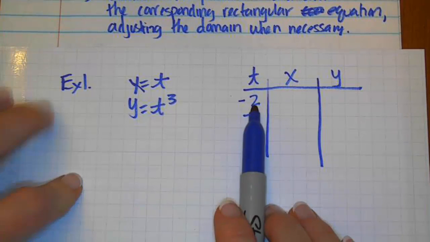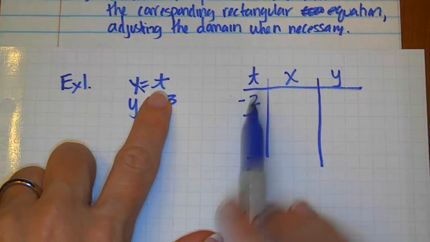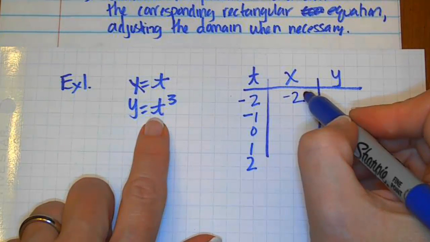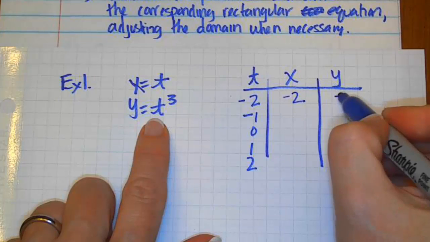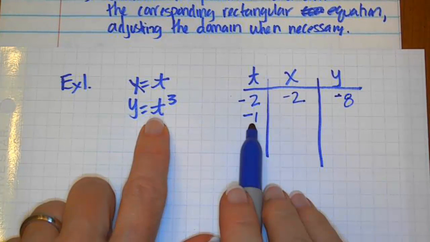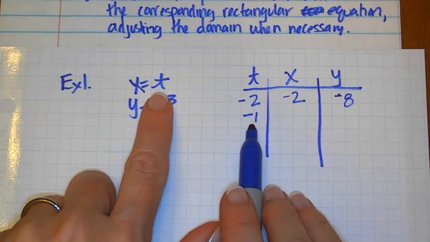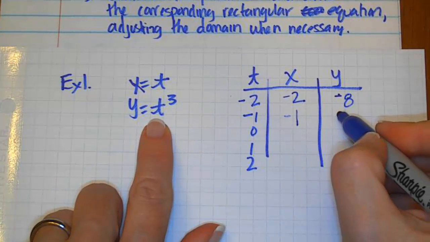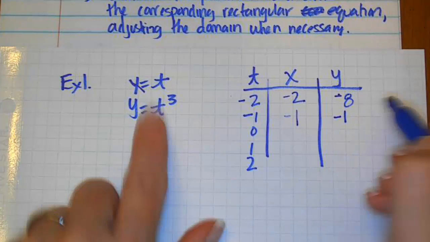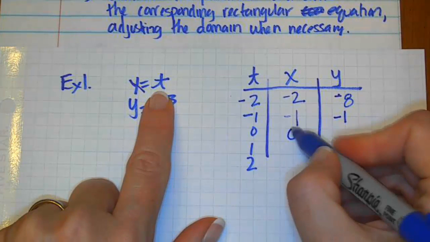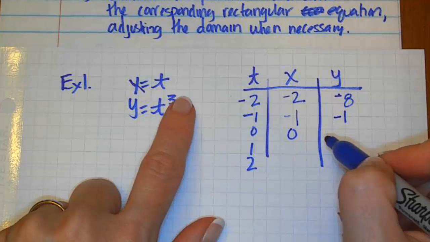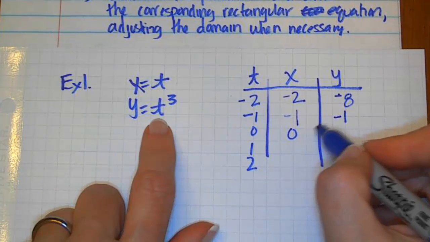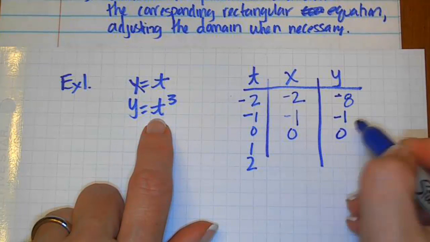So when I substitute -2 in for t, I get -2 for x. But when I substitute it into my y equation, I would get -8. When I substitute -1 into x equals t, I get -1. When I substitute into y, -1 cubed is also -1. When I substitute 0 for the t variable, for the x function I get 0, and for the y function I also get 0.